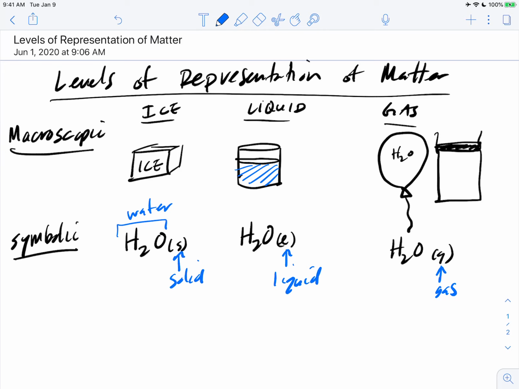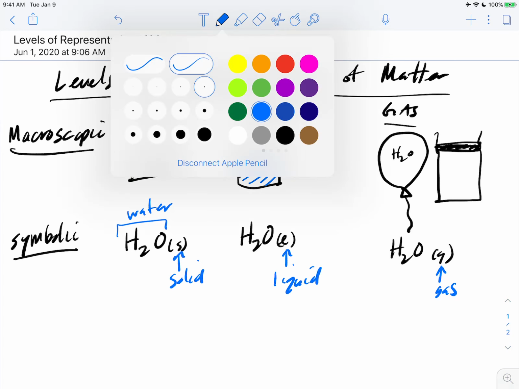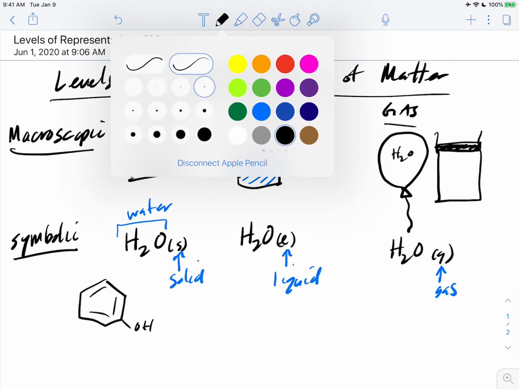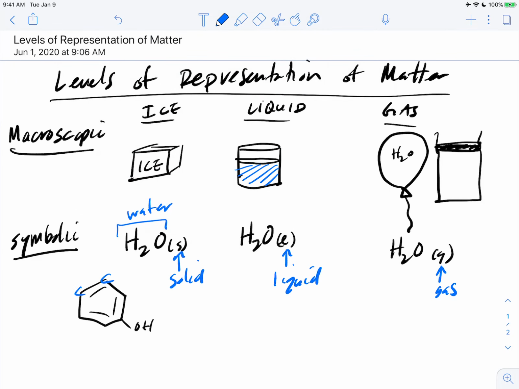Again, I'm just going to put this in here and erase it, just to show you. When we're drawing structures like this, you might not know exactly what that represents. This is a different representation where these are actually carbons, and there are actually hydrogens not being shown.